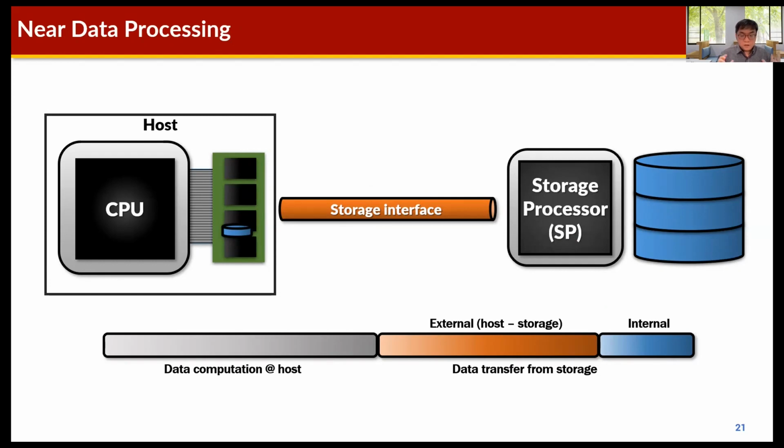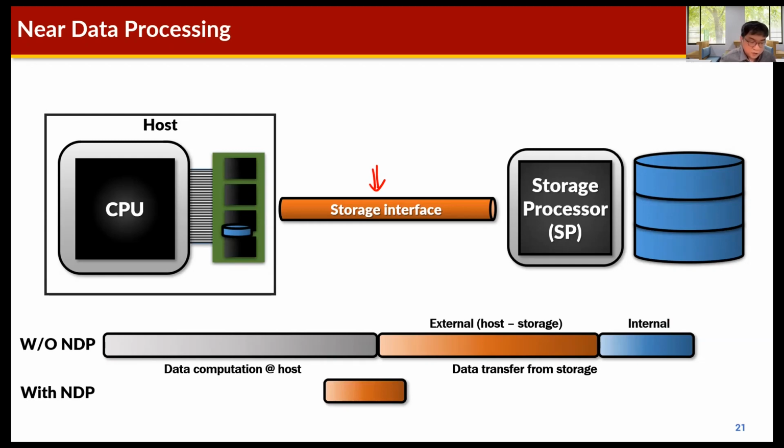Okay, and then if this small size of data is transferred to the CPU, then the bandwidth of the storage interface is very low compared to the bandwidth of the main memory. So that means we can reduce the data transfer time from storage to host systems. Okay. So without NDP, this is the entire execution time of a certain application.